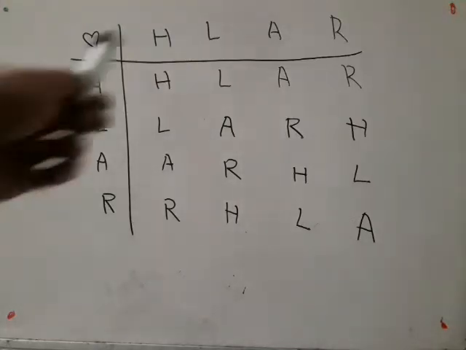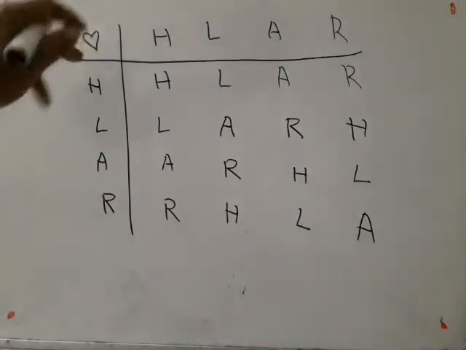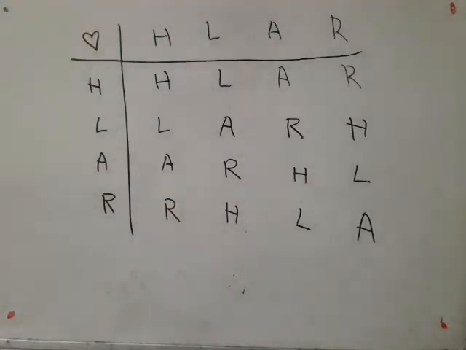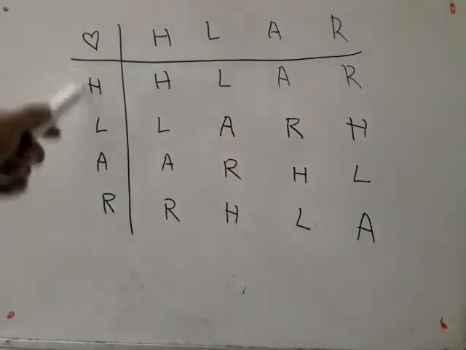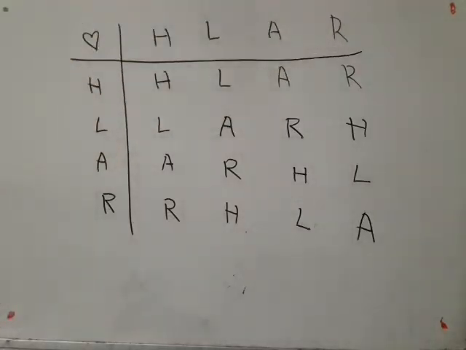So in this case, I have shown the binary operation table, which I have fancifully denoted by a heart. You can use any symbol. What it says is this: suppose the first command is this and the next command is this, then what is the composite command?